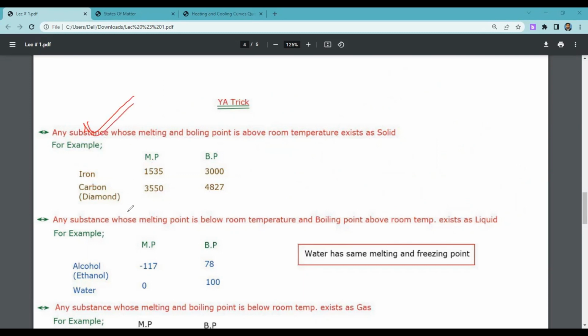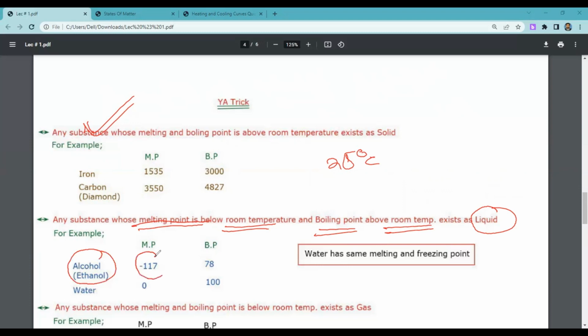If we talk about liquids, any substance whose melting point is below room temperature and boiling point above room temperature will exist as a liquid. You can see the example of alcohol. Alcohol is a liquid.